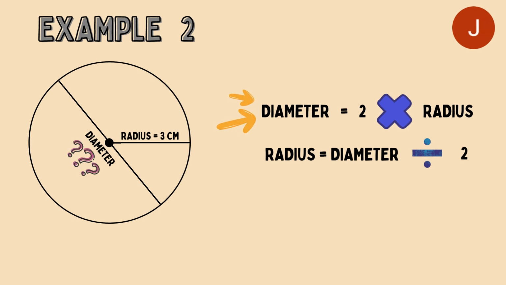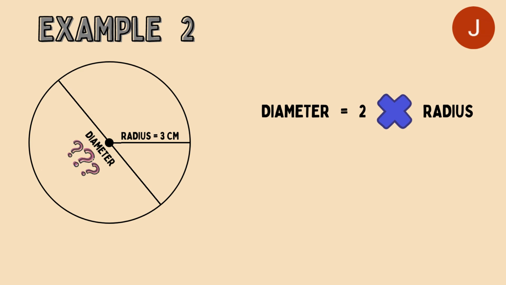The second one, however, says radius is equal to, and I do not want the radius. So, I do not want to use the second formula. I will use the first one. Now, if I remove the second one real quick and just keep the first one, the diameter is equal to 2 times the radius.